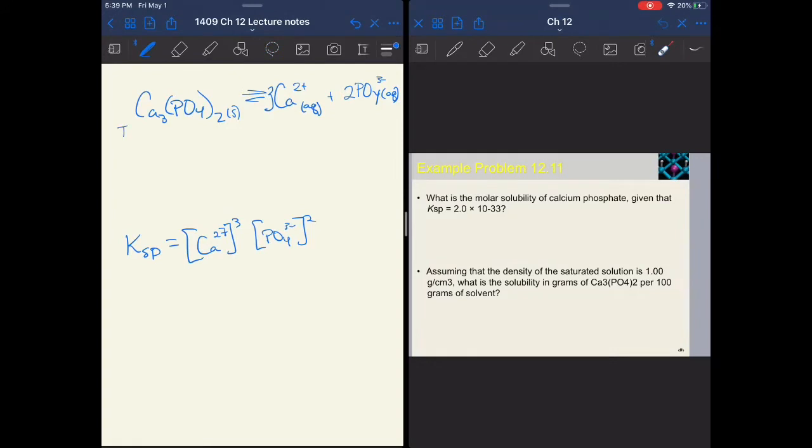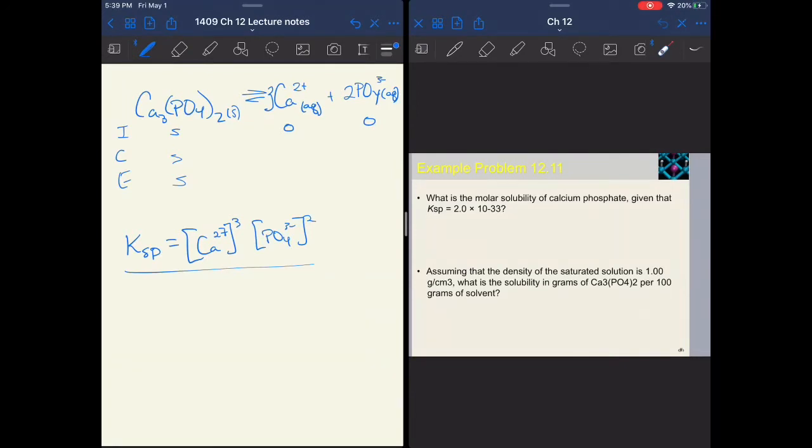So, initial, change, equilibrium. Initially, we have solid calcium phosphate, and it's solid the whole time, so its concentration doesn't change, and it's not in the equilibrium expression for that reason. But at the very beginning, before any of it is dissolved, there is 0 calcium and 0 phosphate ions in solution.